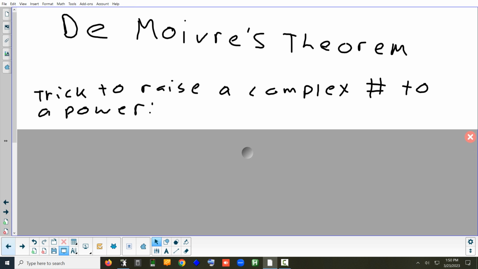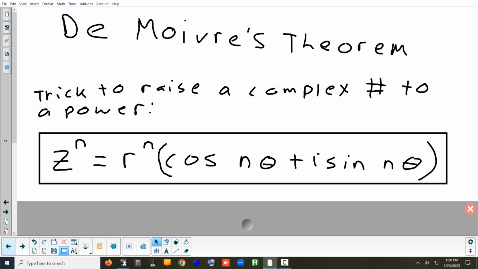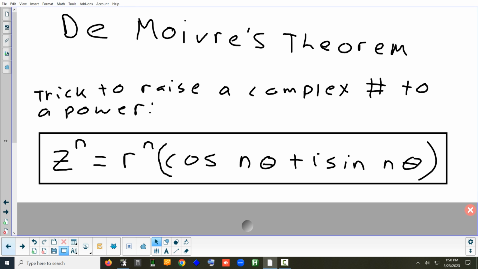So this is a trick to raise a complex number to a power. But the catch is the number that you're using has to be in trig form or polar form. Okay, so let's say we had a complex number and we want to raise it to the nth power.